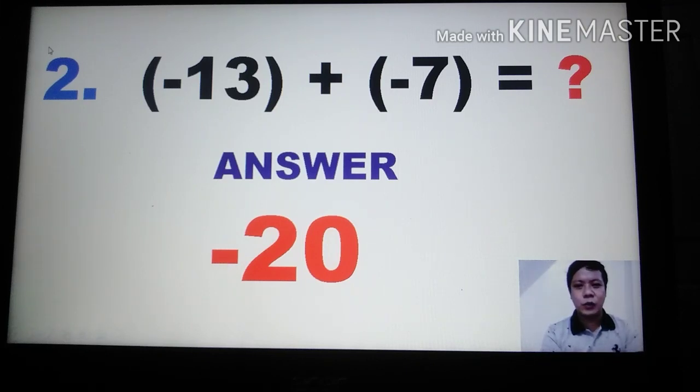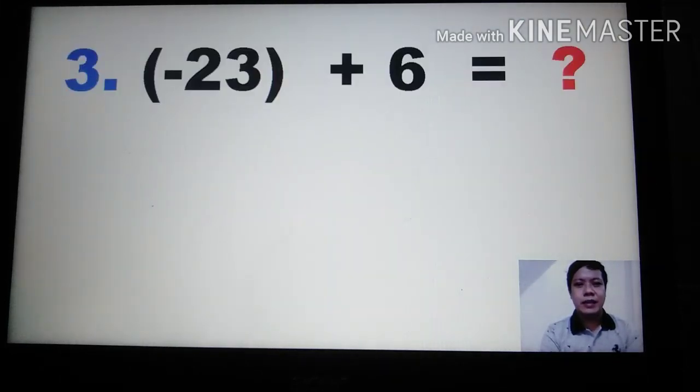For the last one, we have -23 plus +6. So what is the sum? Maybe you already have an idea. At this time, they are unlike sign. One is negative and the other integer is positive.